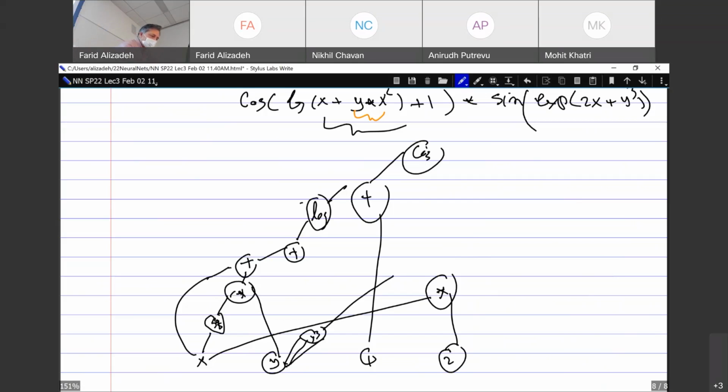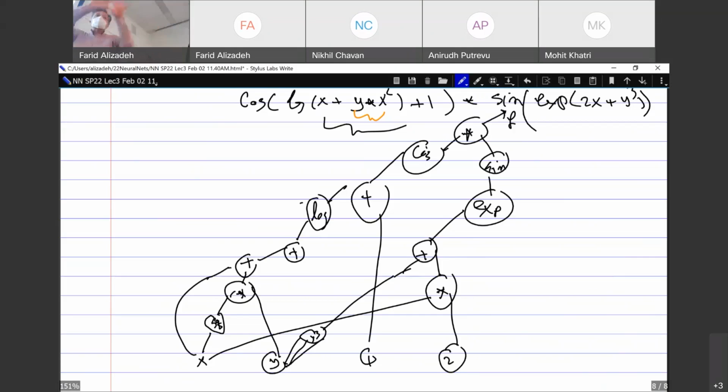And then you add this to 2x together, and then you apply exp. Oh, I forgot a sine. Then I have a sine, and then I multiply these two. And then this is f. Okay, so there is a graph.